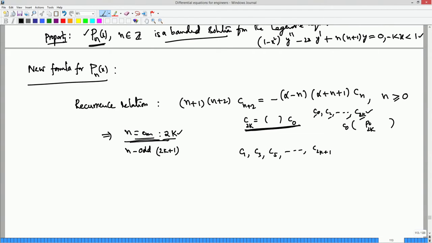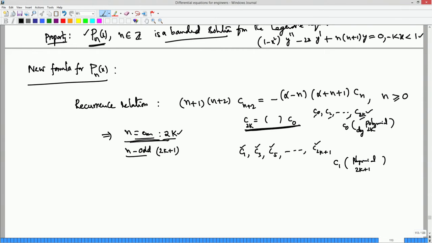Here also you get this from the recurrence formula. For n odd, C1 you cannot get, but C3 you can get in terms of C1, C5 in terms of C1, up to C2k plus 1, and once you substitute you get C1 times a polynomial of degree 2k plus 1.